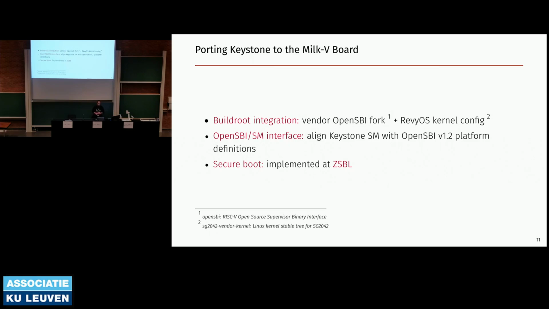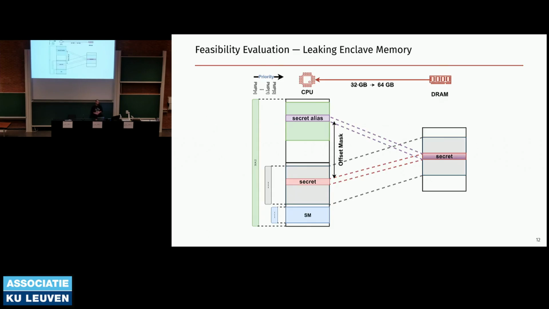More details are in the paper, but what I want to focus on here is that we needed to modify the integration of the security monitor with OpenSBI, because Keystone works with a very old version of OpenSBI and the newer hardware needs a newer version of OpenSBI. We also modified the zero-stage bootloader to have secure boot and a pair of keys for attestation of the enclaves. And then we could move to actual attacks.